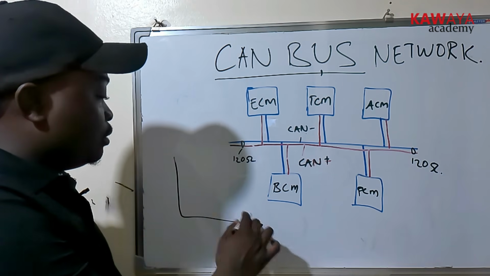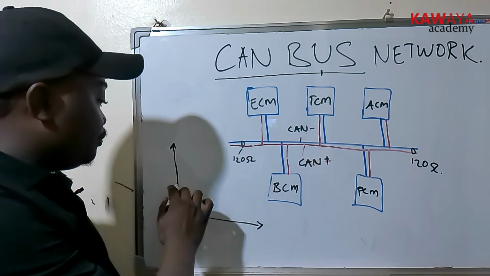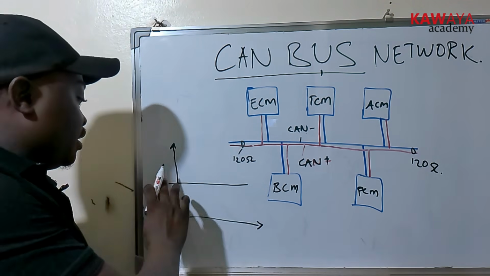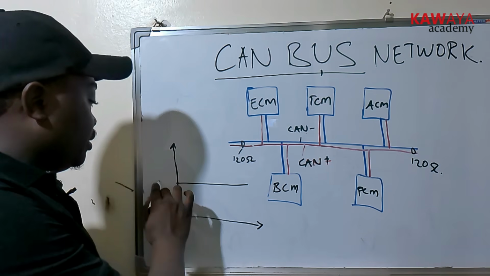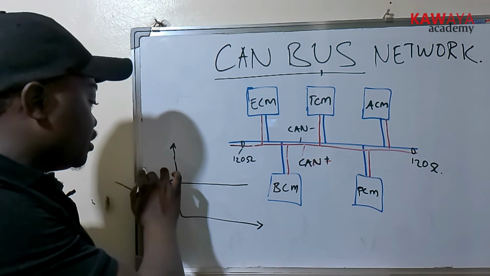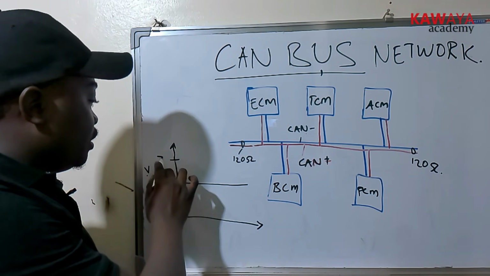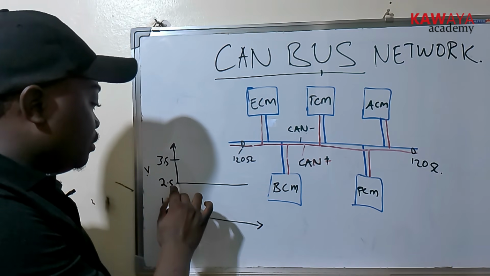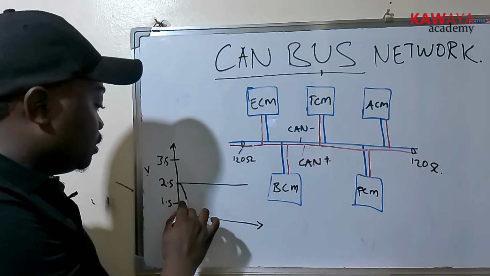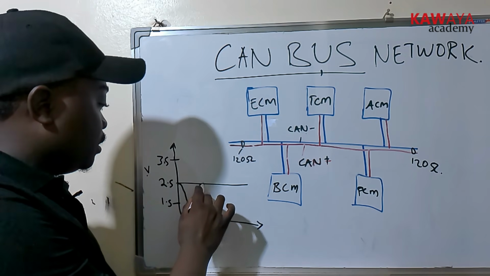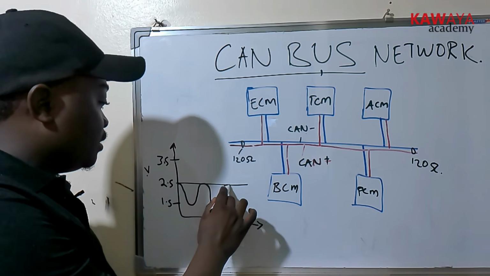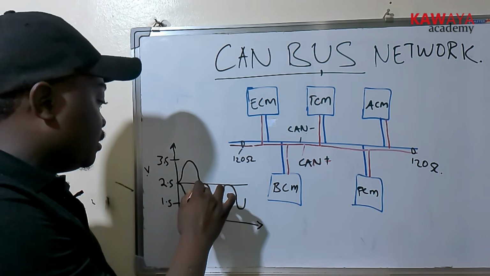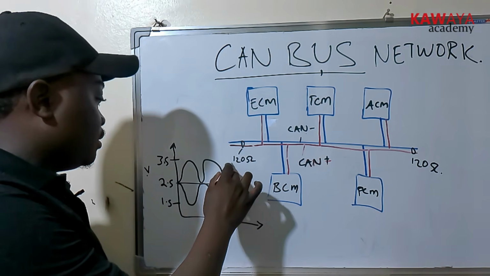Now let me draw here a simple graph. We have the idle state, and at idle we have 2.5 volts, and we also have 3.5 volts and 1.5 volts.